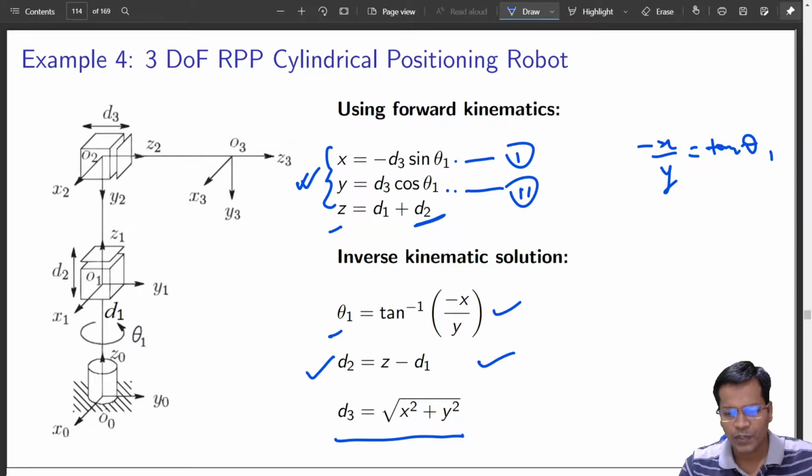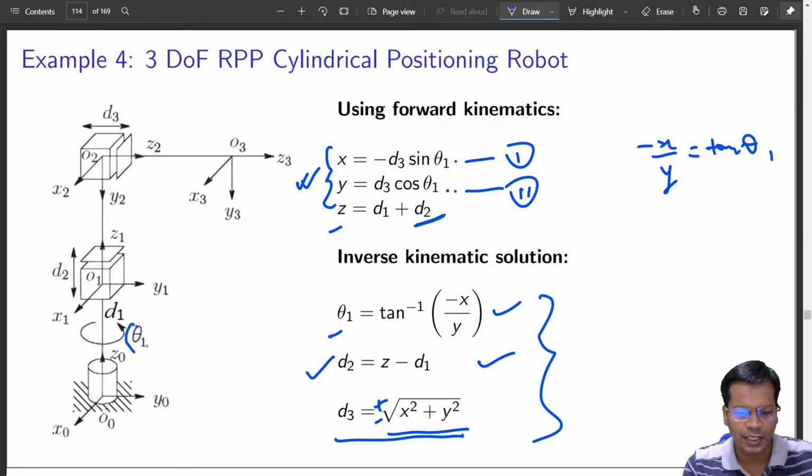Okay, now how many solutions can it have? How many solutions are possible for this? The solution is quite simple. You see, x square plus y square root over, that means d3 can have two values, plus or minus.